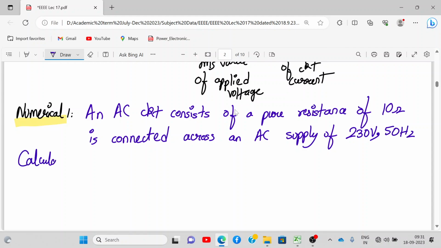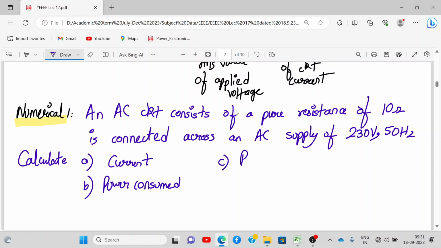Calculate A, current; B, power consumed; C, power factor; D, write down the equation for current and voltage.